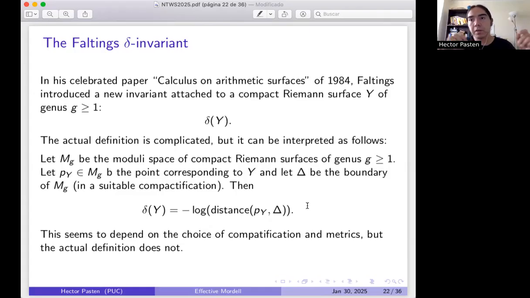Meaning what? If the point is very close to the boundary, then the distance is small, and therefore the delta invariant is large. So the delta invariant is like the proximity to degeneration of your Riemann surface. And it looks like it depends on the compactification and the metric that we are choosing for the moduli space, but the actual definition given by Faltings does not depend on anything. It is what it is. Okay?